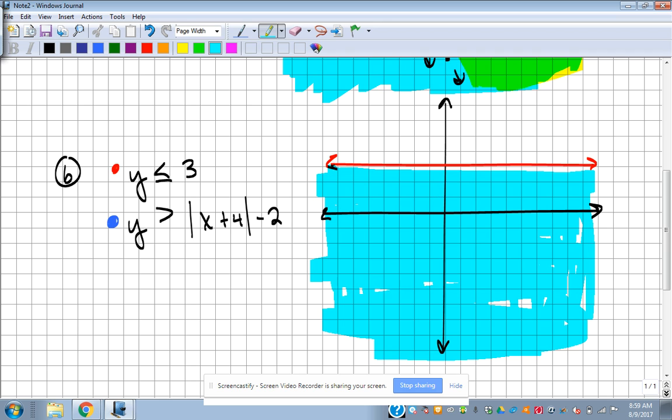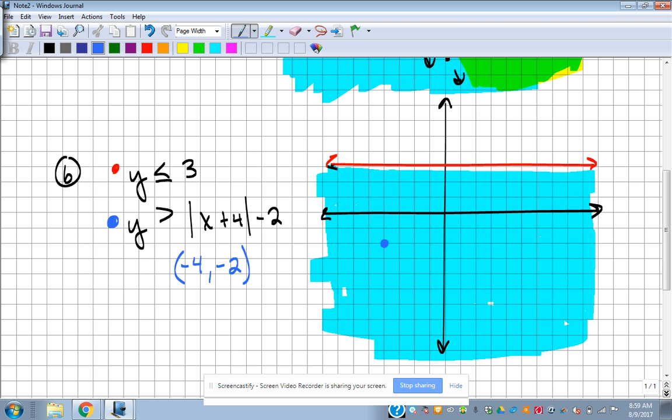All right, and then let's go graph the next one. Vertex of that absolute value graph: -4, -2. Yeah, got to get the opposite of that in there. So -4, -2, that point right there.